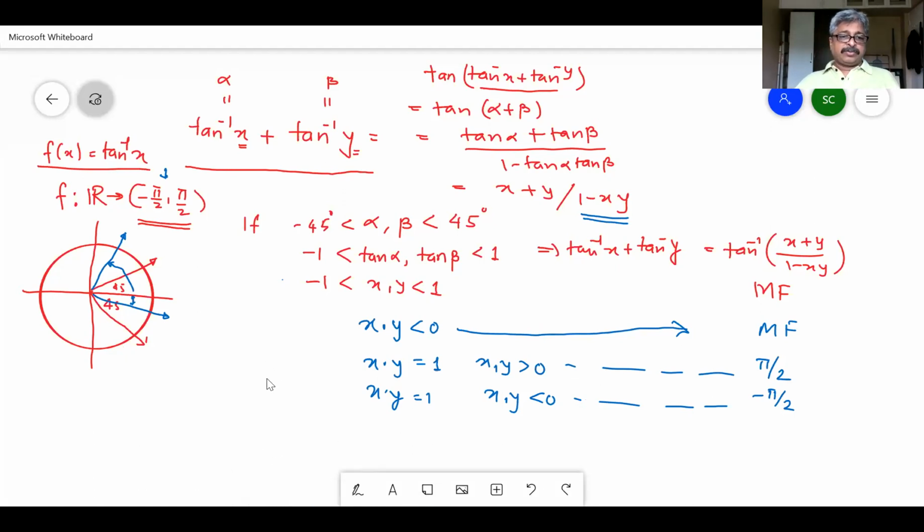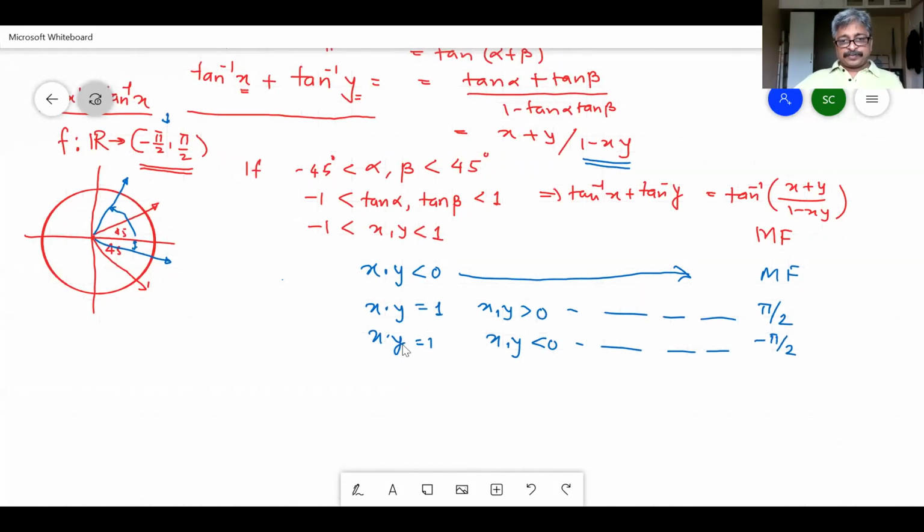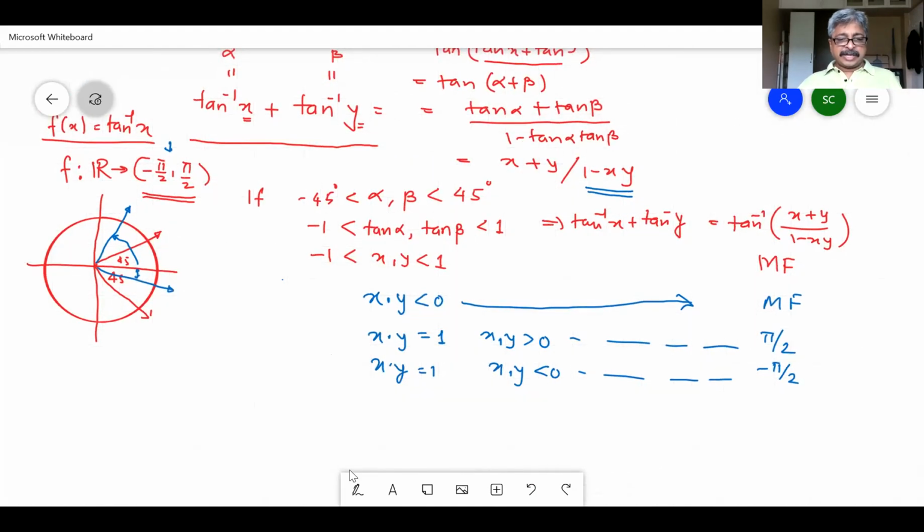Okay. Now what we need to consider is what if the total angle alpha plus beta gets into the second quadrant. When will that happen? When alpha is positive and beta is positive, and they are such that they add up and cross 90 degrees.